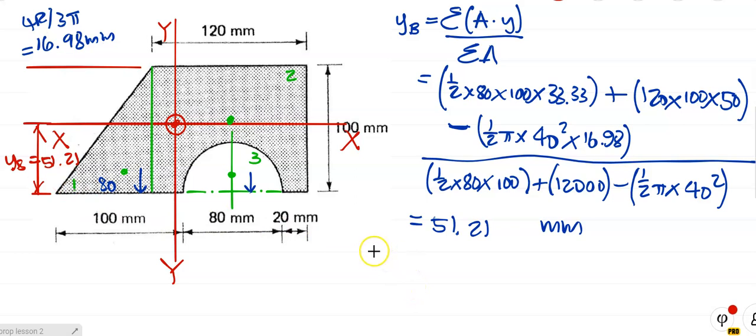Okay, and therefore immediately what's y top equal to?